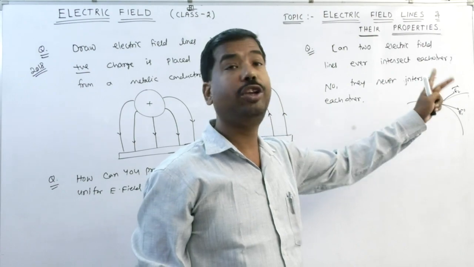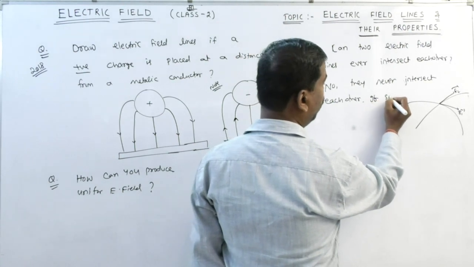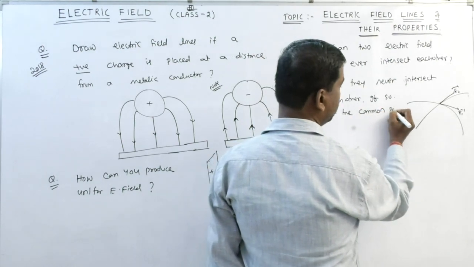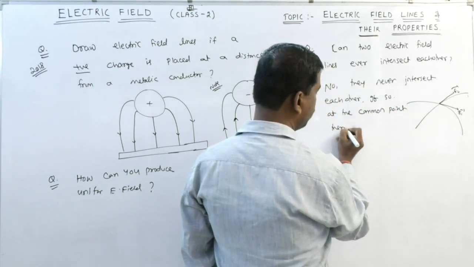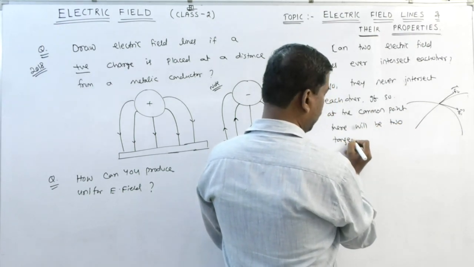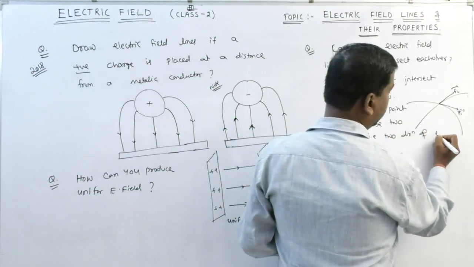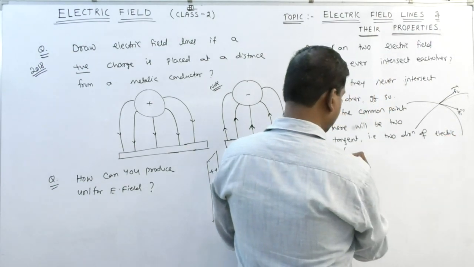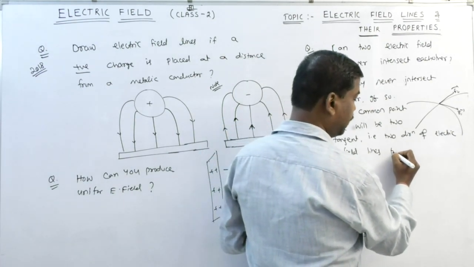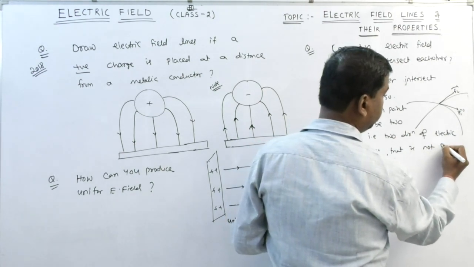It means at the common point there will be two tangents. That is never possible.